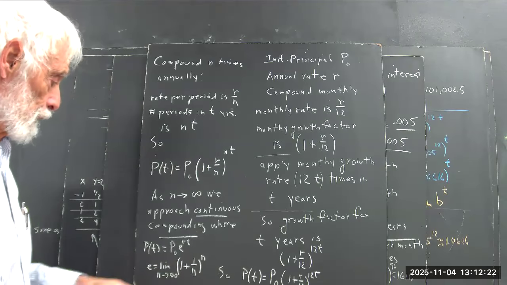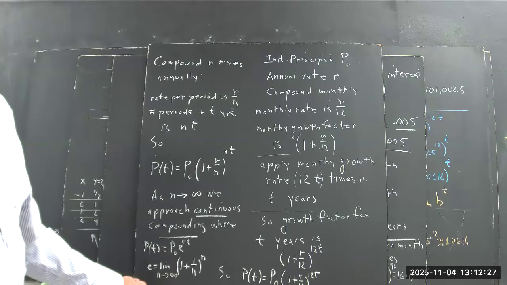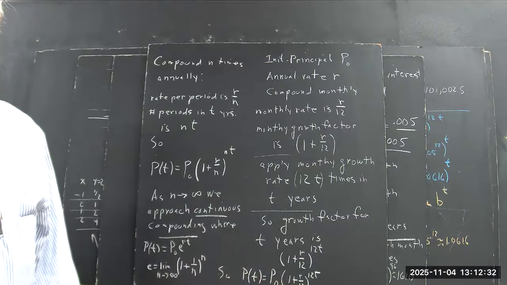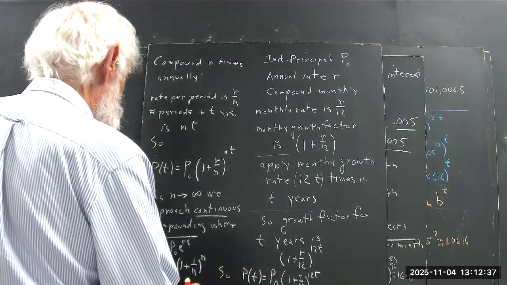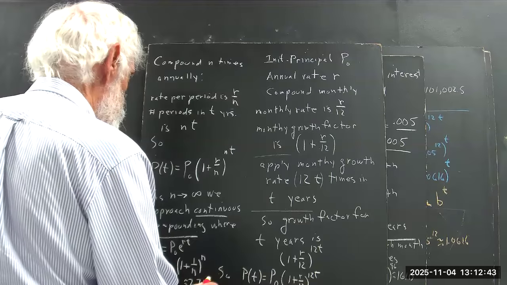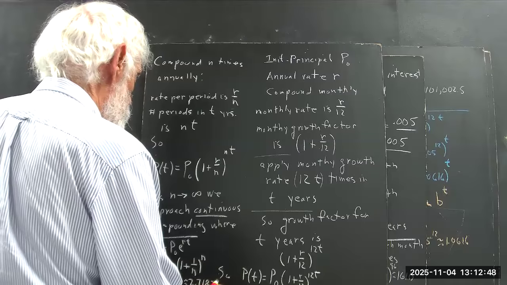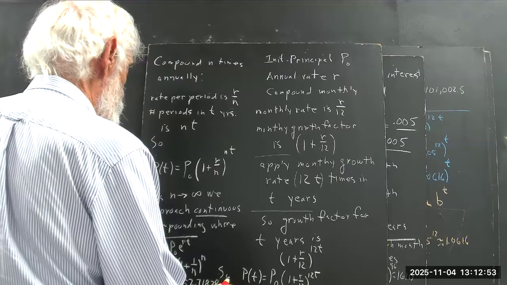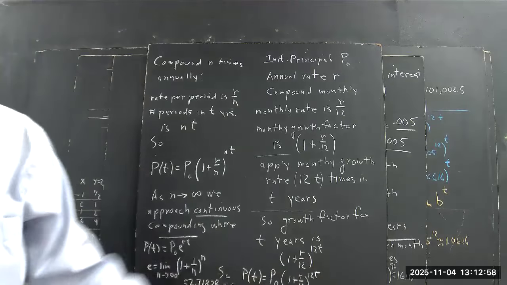I think it's important for a pre-calculus student to see that, and to do even a little more than that. Like evaluate this for n equals 1,000 or 1,000,000, just punch it into your calculator. And that's approximately 2.71828, and it just keeps going.